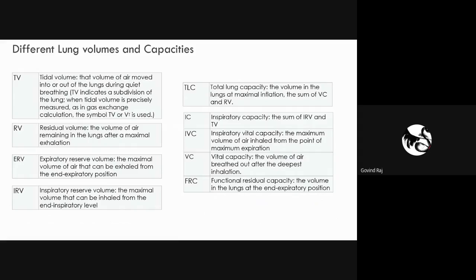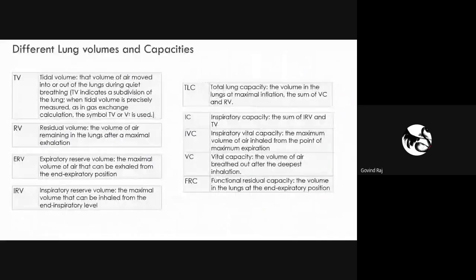And now the residual volume. The residual volume is the volume of air remaining in the lungs after a maximal exhalation. So after a forceful exhalation, how much volume of air is remaining, that is known as the residual volume.